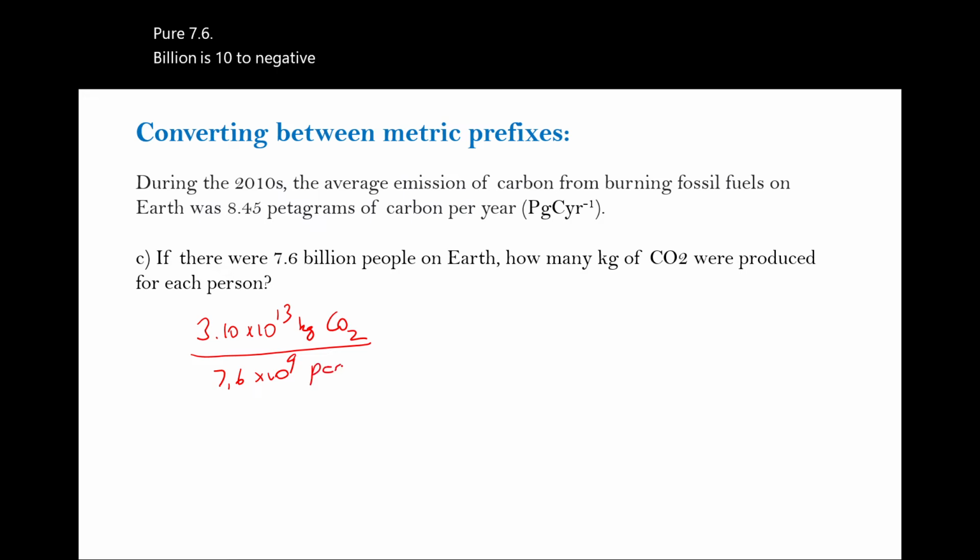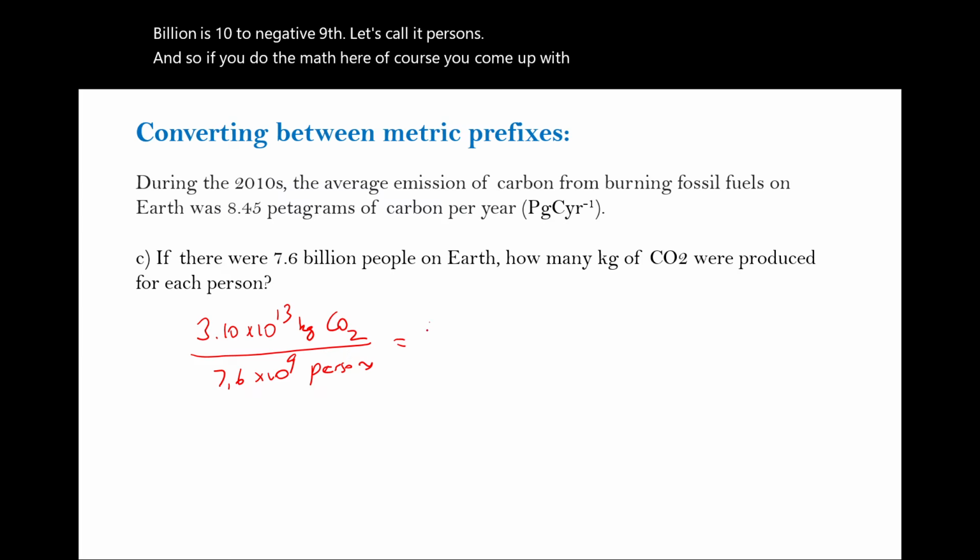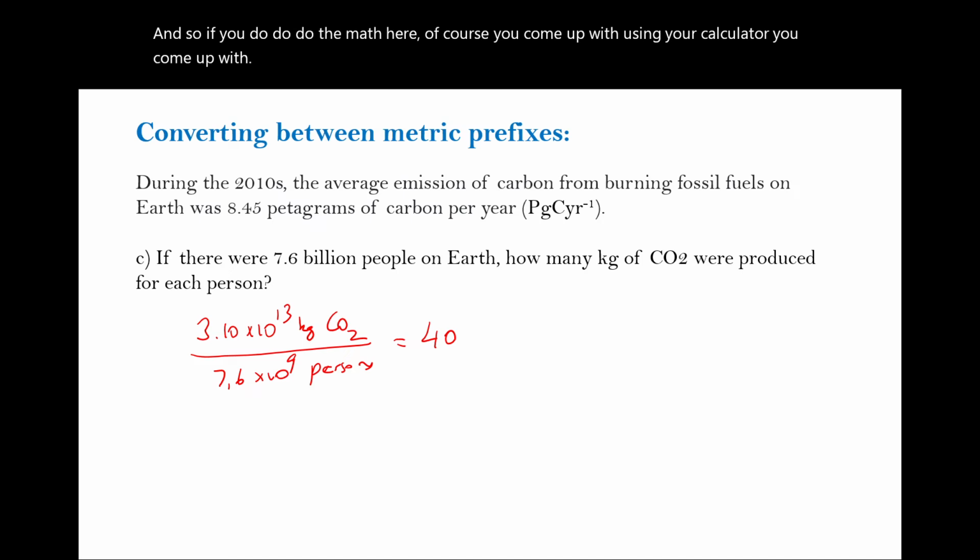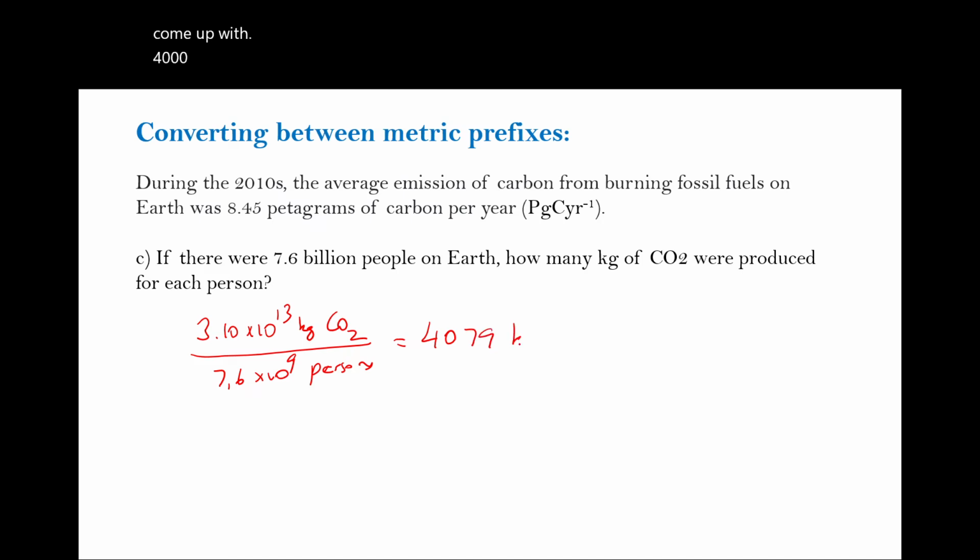Let's call it persons or people. And so if you do the math here, using your calculator, you come up with 4,079 kilogram per person. That's per year, I guess. Yeah, per year. That's too much, especially if you're smoking. Your contribution would be more.